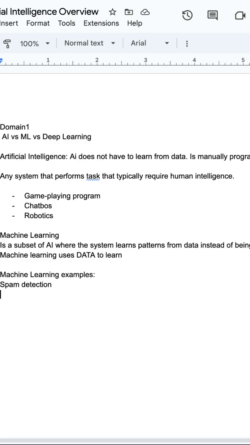Recommendation systems, such as "you might also like." For example, when you watch a kung fu movie and you automatically get more kung fu movies in your "you might also like," that is a key example of machine learning. It's about predicting what the user expects.